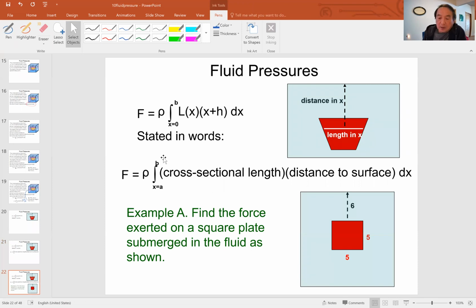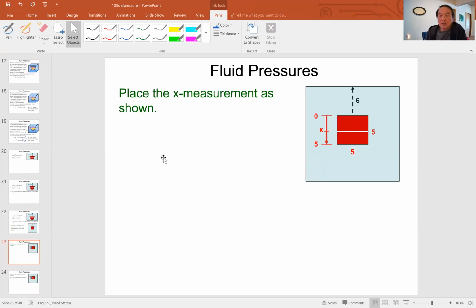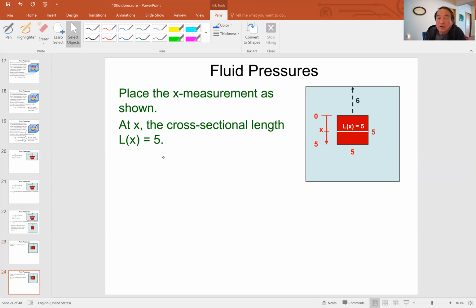Here is a question. Find the force on the square sitting inside the fluid. Remember, we need to find the cross-section length, and how far this length times dx, the area, has to travel. That's the height over the area. So the length is 5.